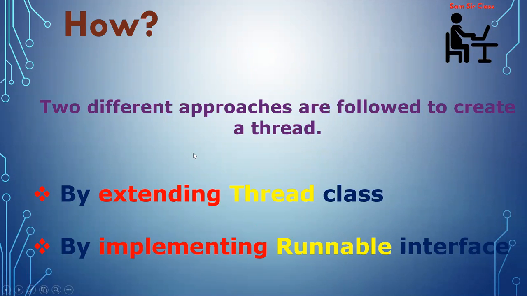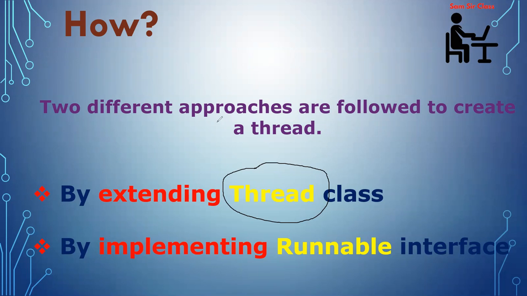Basically, there are two different approaches available in Java through which you can create a thread. The first approach is that you have to inherit the Thread class. If you have watched the video on custom exceptions, whenever you design your own exception class, you have to inherit the Exception class to get all the predefined methods or resources of the Exception class.